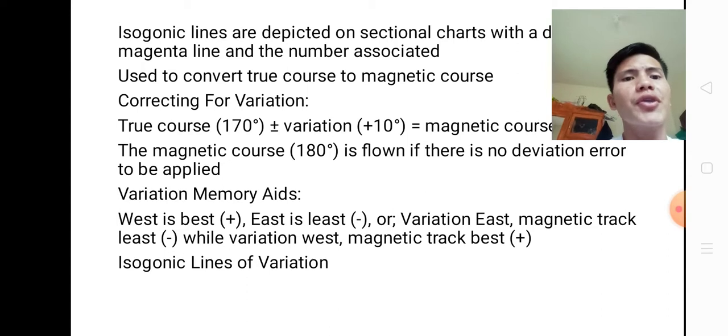Variation memory aids: west is best, so plus sign. East is least, negative sign. Or variation east, magnetic track least, negative sign; while variation west, magnetic track best, plus sign. Isogonic lines of variations.